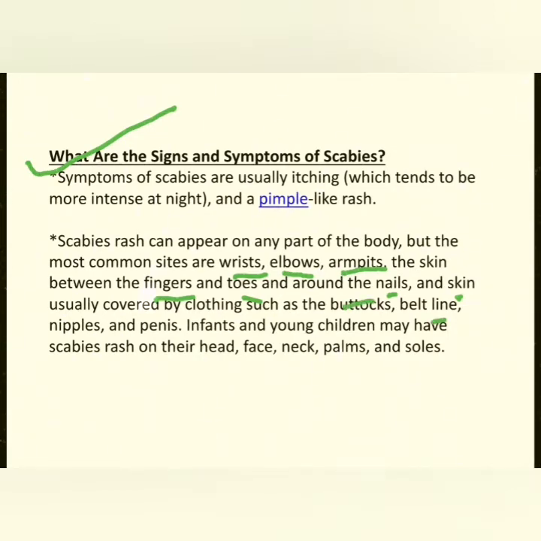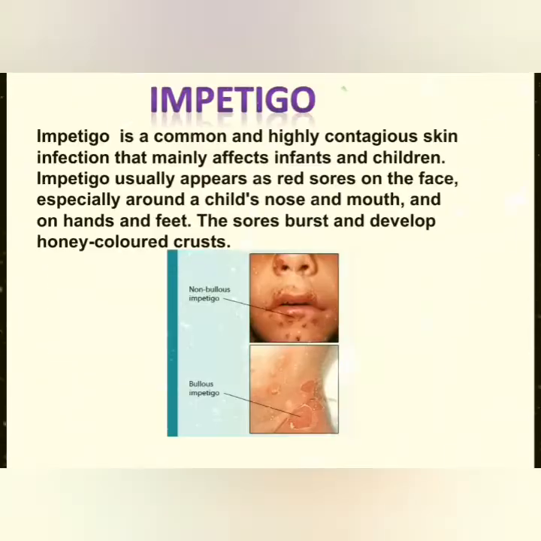The buttocks, belt line, nipple and penis region are mainly affected, and infants and young children have the scabies rash on their head, face, neck, palms and soles. These are all the signs and symptoms of scabies.